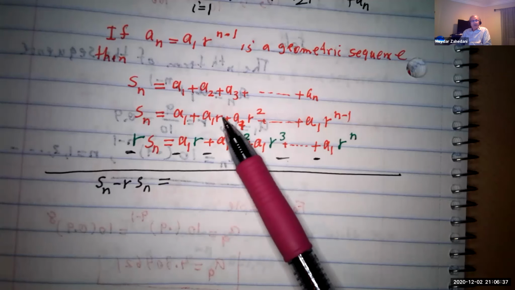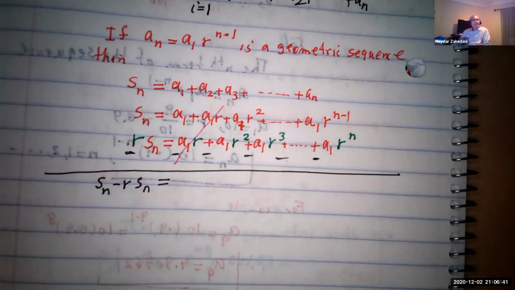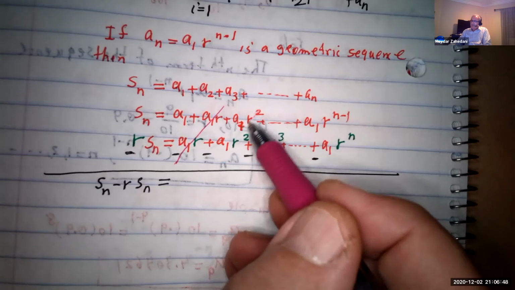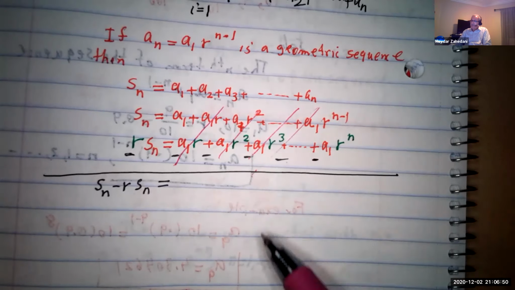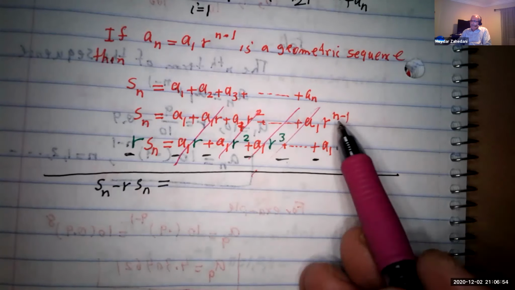Because this is a1 r, and it's a negative a1 r, so these two would be out. These two, because this is negative and this is positive, would be out, and so on. Okay, so everything would be out.